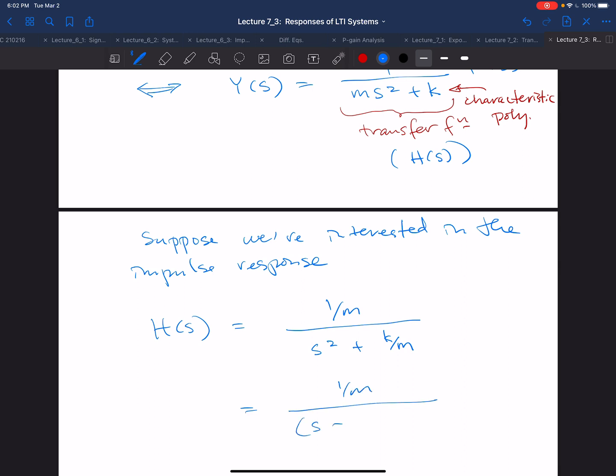You'll have one root at j times the square root of k over m, and another at minus j times the square root of k over m. Anyway, this is a difference of squares, so we get s squared minus the square of j times the square root of k over m, which of course gives us s squared plus k over m.